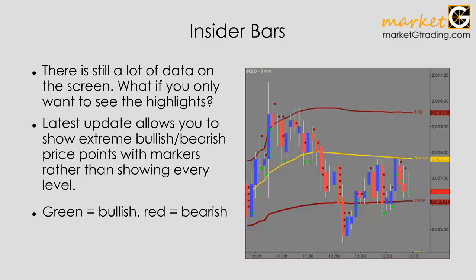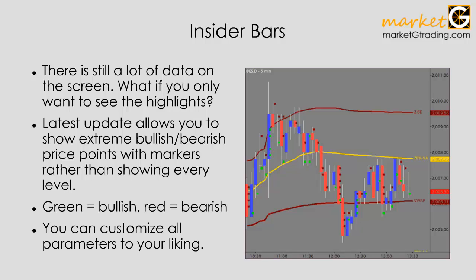In this chart, which is E-mini S&P futures, the green squares you see are extreme bullish points, and the red ones are extreme bearish points. And you can customize the parameters for what to display. You can limit display of price points with low volume, so you don't want to display those, etc. And of course the colors and sizes.